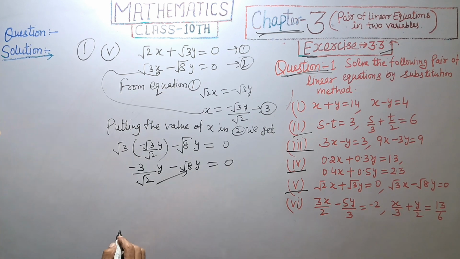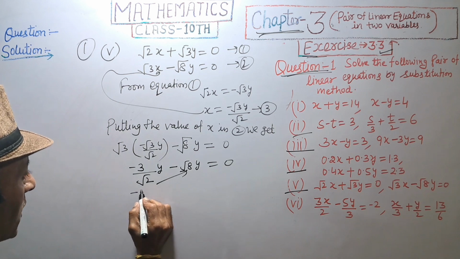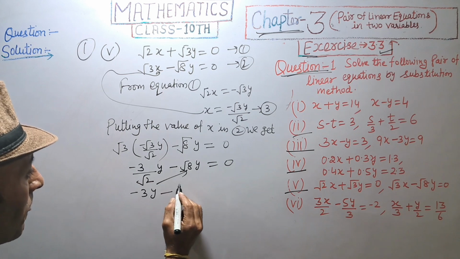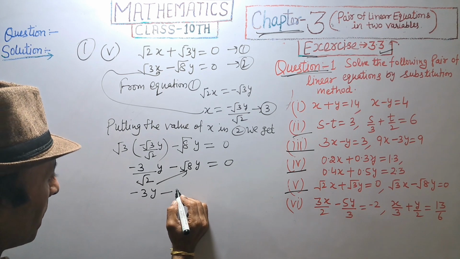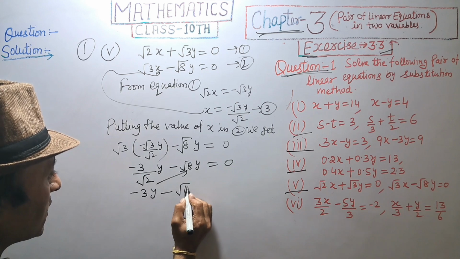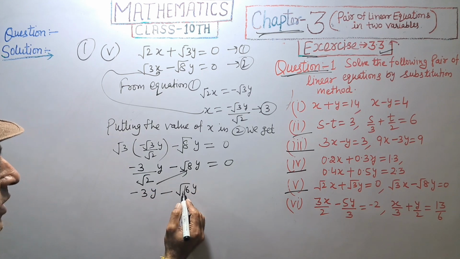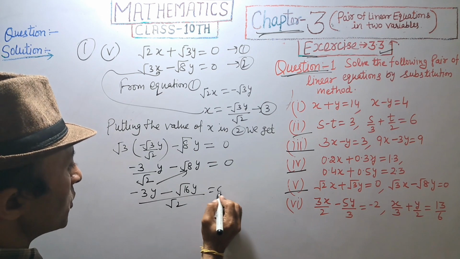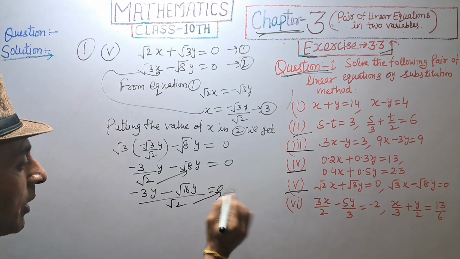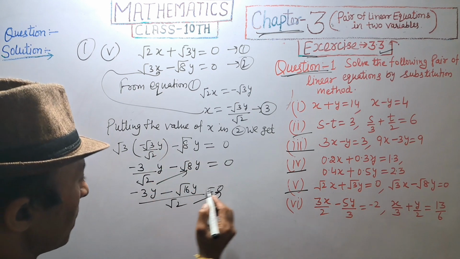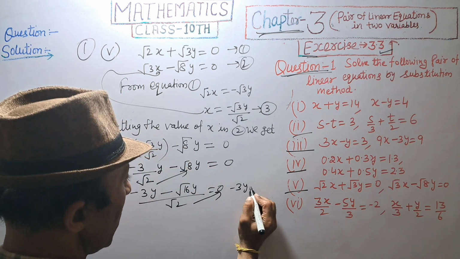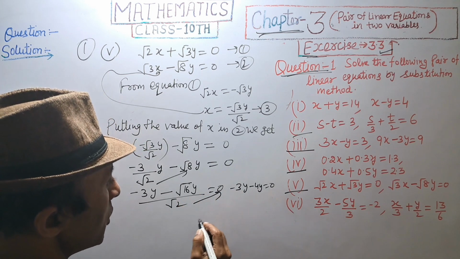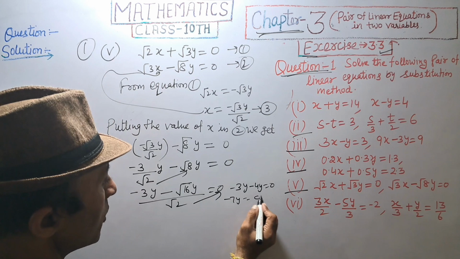Multiplying this by root 2, we get minus 3y minus root 16y. Root 8 times root 2 is root 16, and root 16 is 4, upon root 2, equal to 0. Root 2 is directly multiplied by 0, that will be 0, and minus 3y minus 4y equal to 0, minus 7y equal to 0.